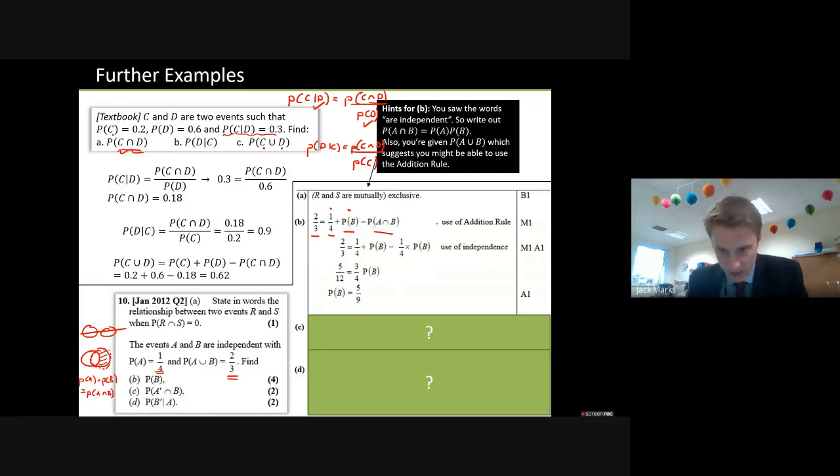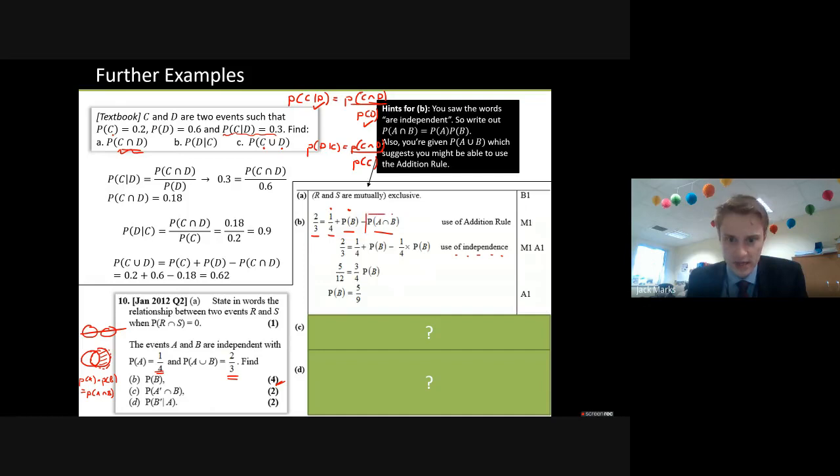That's the first situation that we talked about. Then over here, we're using the independence. This is a difficult question, that's why it's 4 marks. So we've got 2/3 equals a quarter, just copying that one from before, plus probability of B and then minus.